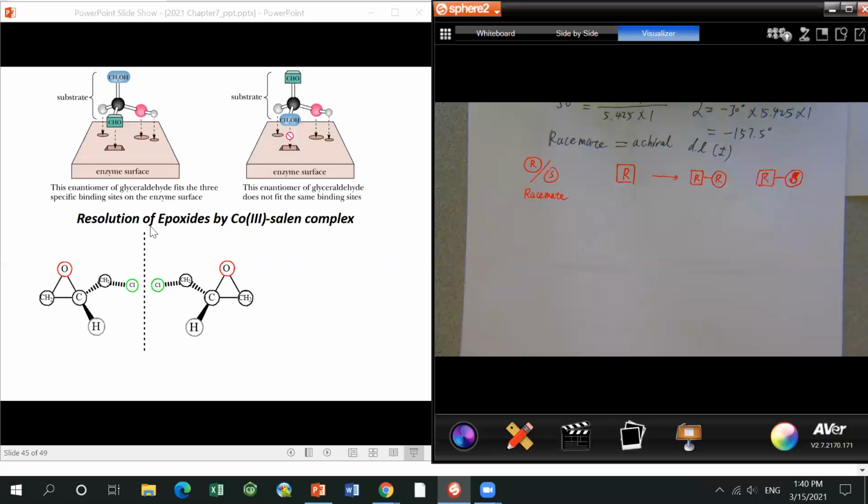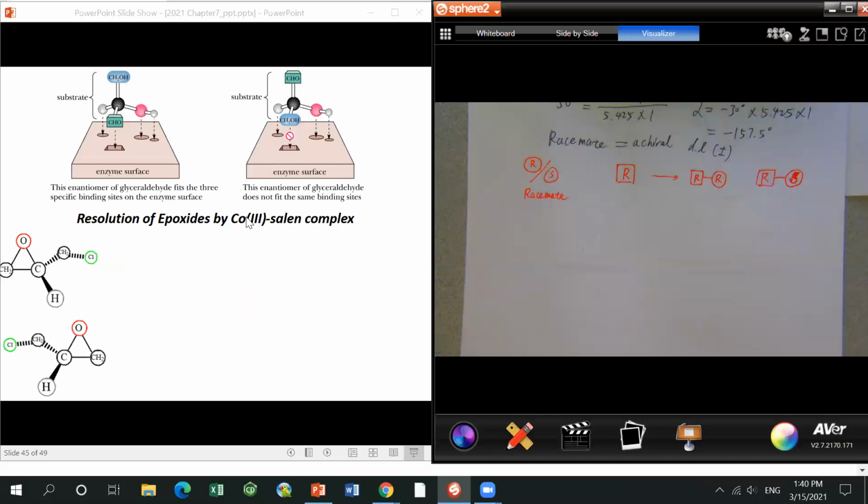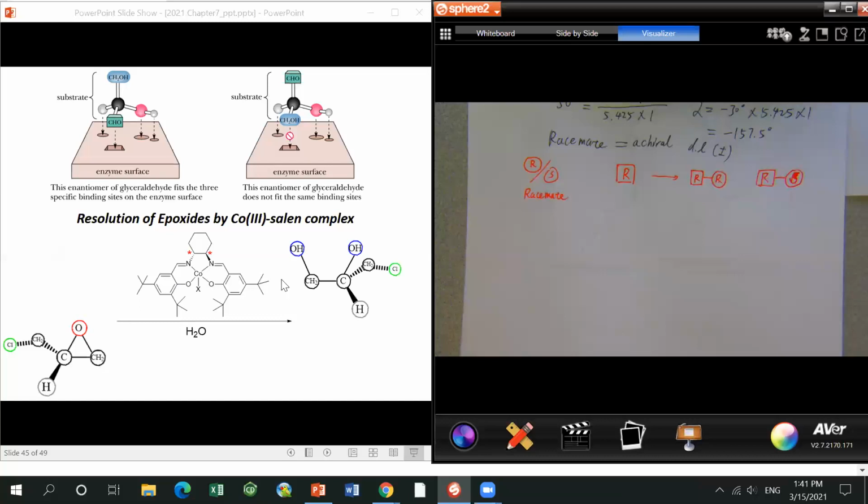That's an epoxide, but you don't need to know that. You can see the chiral center, mirror images of each other, non-superimposable. We apply this catalyst, the chiral cobalt complex, to these two enantiomers. The catalyst binds with only one enantiomer, carries out the reaction, and generates a diol. The other one you leave alone.